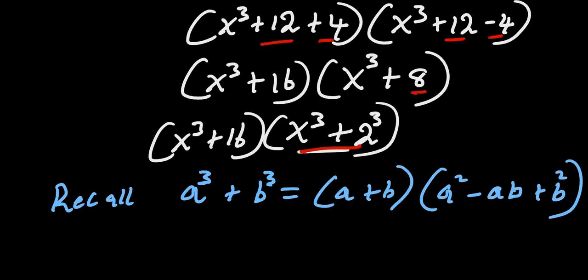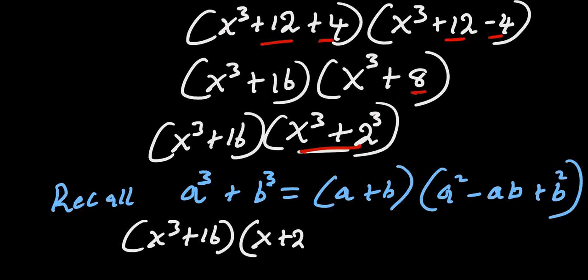All right, so we can apply this to what we have over here, and automatically we are going to have x cubed plus 16, and this will become x plus 2, and x squared negative 2x plus 4.